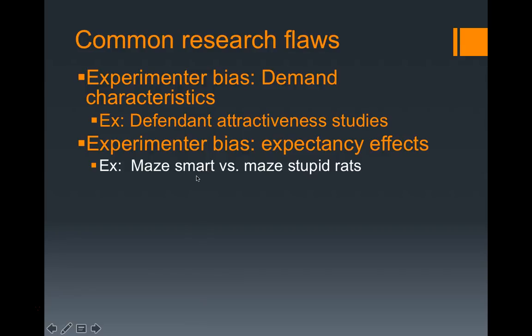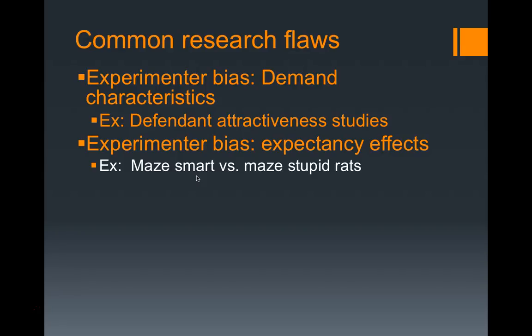And in all likelihood, it was experimenter bias associated with expectancy effects. They expected the rat to do well, and they may have subtly treated them differently in one condition versus the other.